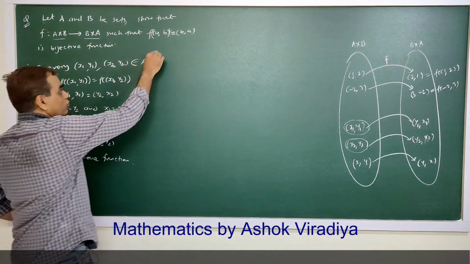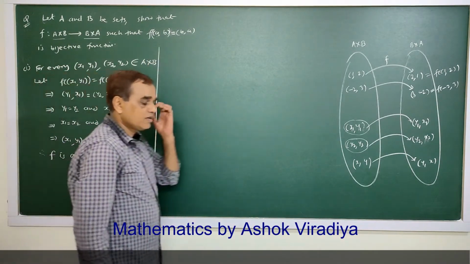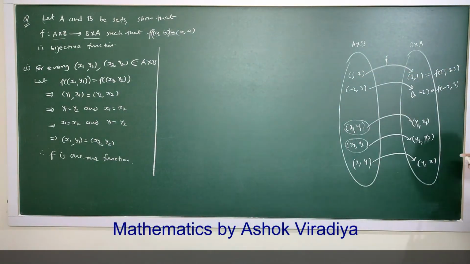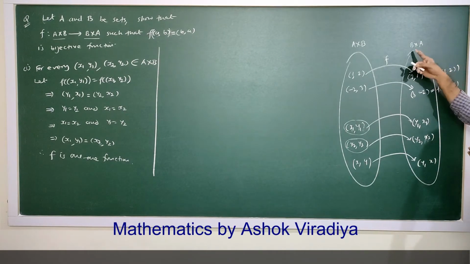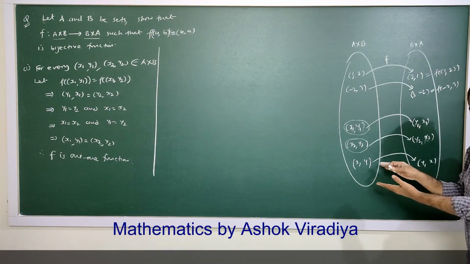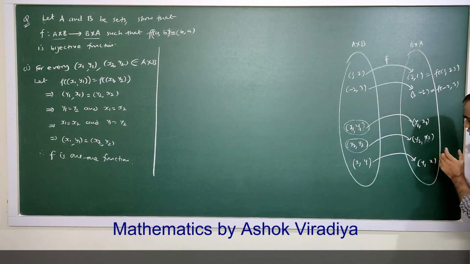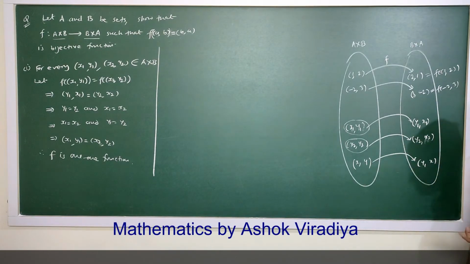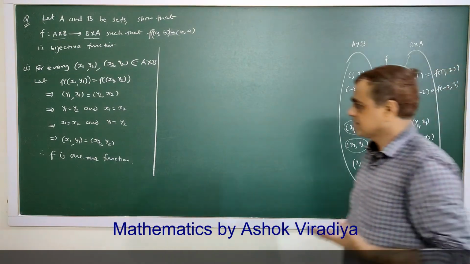Now for ontoness, what do we do? For every element of the codomain, we need an x in the domain. Every element of the codomain must be the image of someone. So we show it this way.